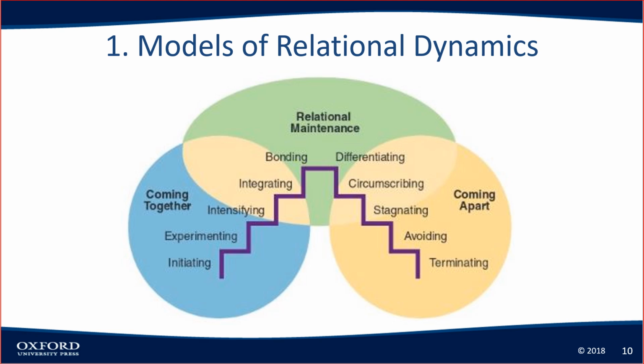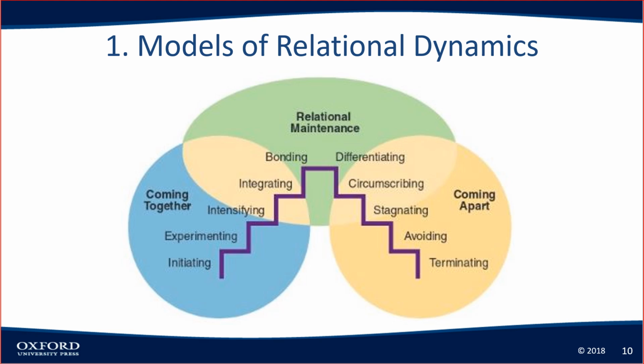And so stagnating can be very dangerous in a relationship. If we don't get back to circumscribing or differentiating, you're going to go to avoiding. You're going to move from stagnation to avoiding. It's going to be unpleasant.